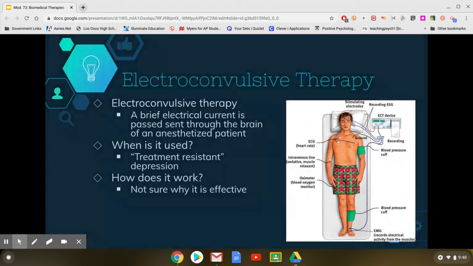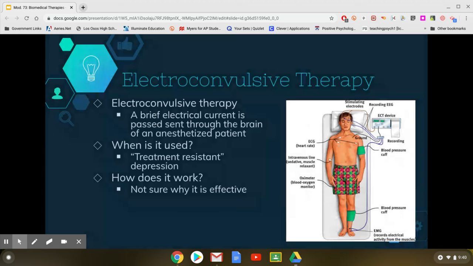So the way that ECT works is, first the person is anesthetized, so they are under anesthesia. They are not awake for this process. As you can see in the diagram here, it's done in a hospital or medical office type setting, where they have electrodes placed on their heads. All their vital signs are monitored throughout.